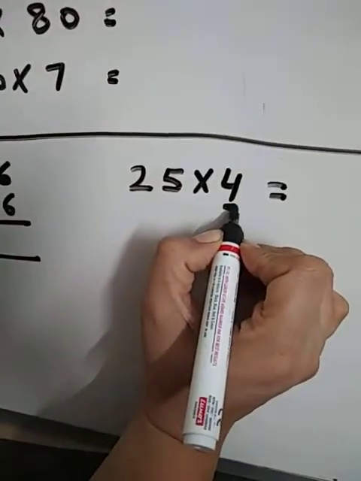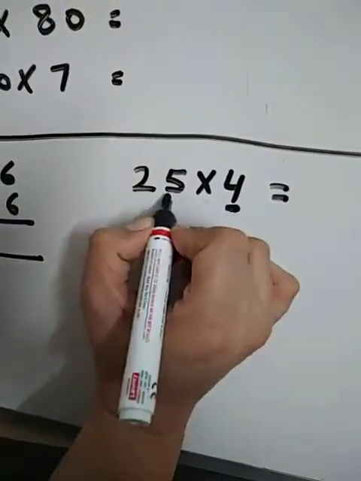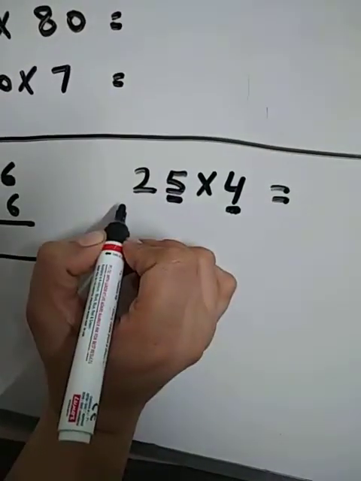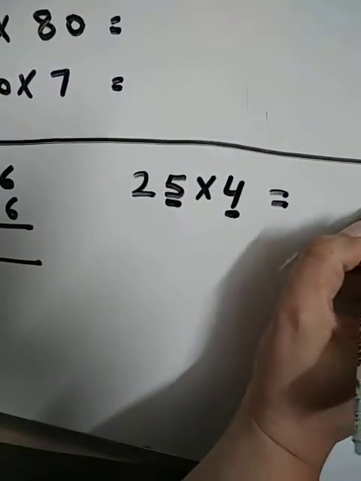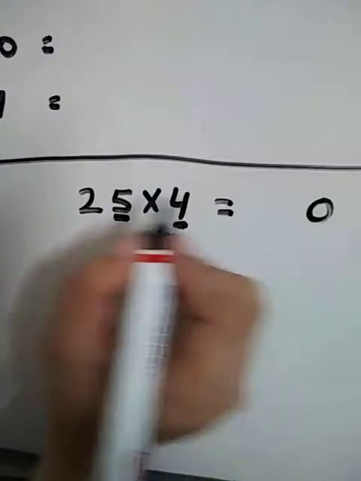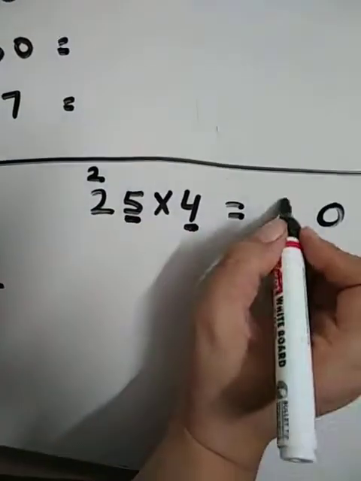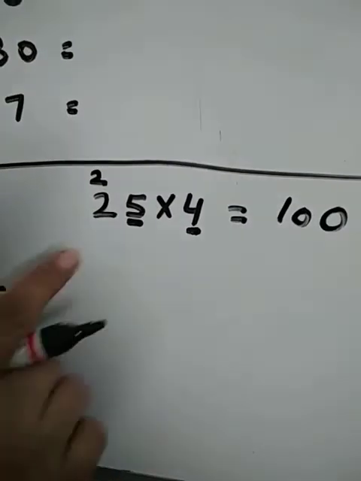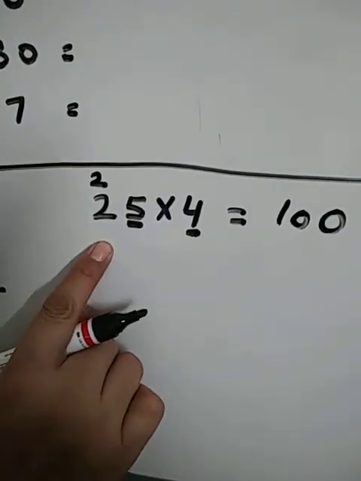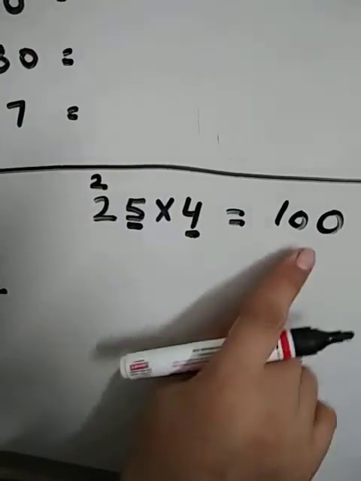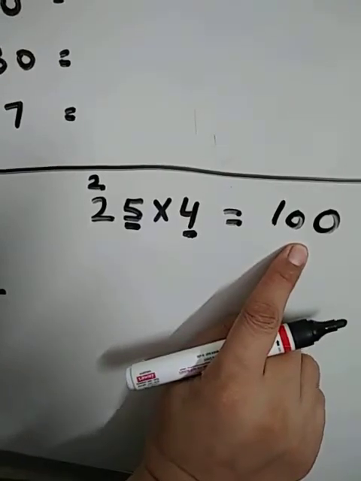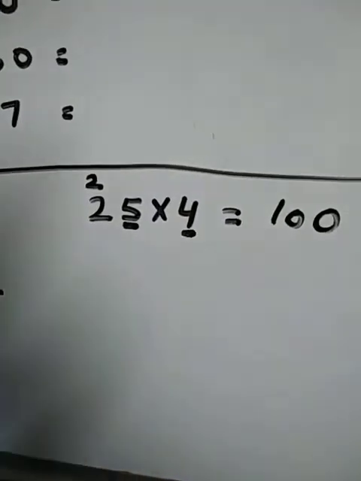See, first I will multiply 4 by 5. 4 5s are 20. So I will put 0 at the ones place and 2 on this. 4 2s are 8. 8 plus 2, 10. So if I multiply 25 and 4, I will get 100. I will tell you again.